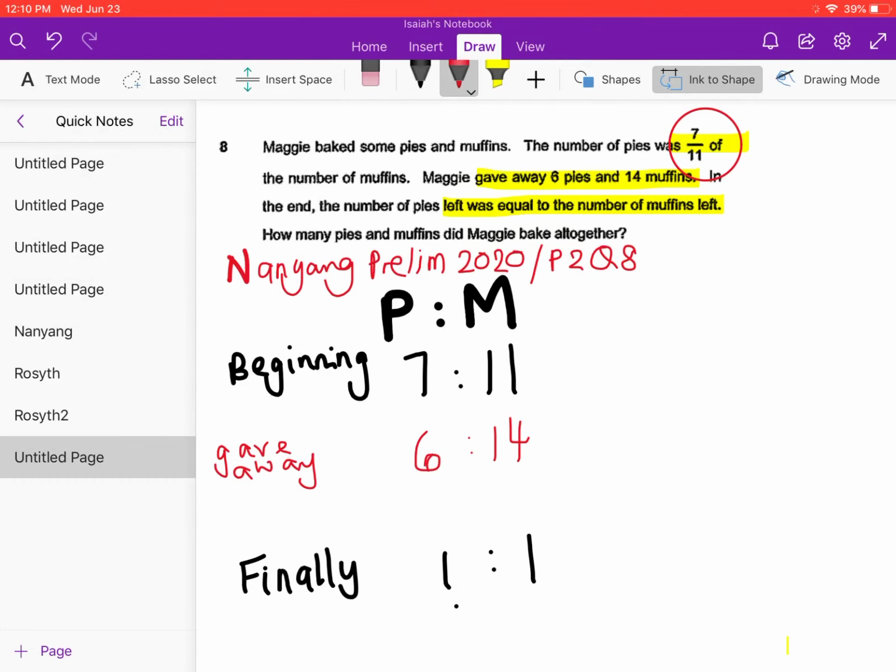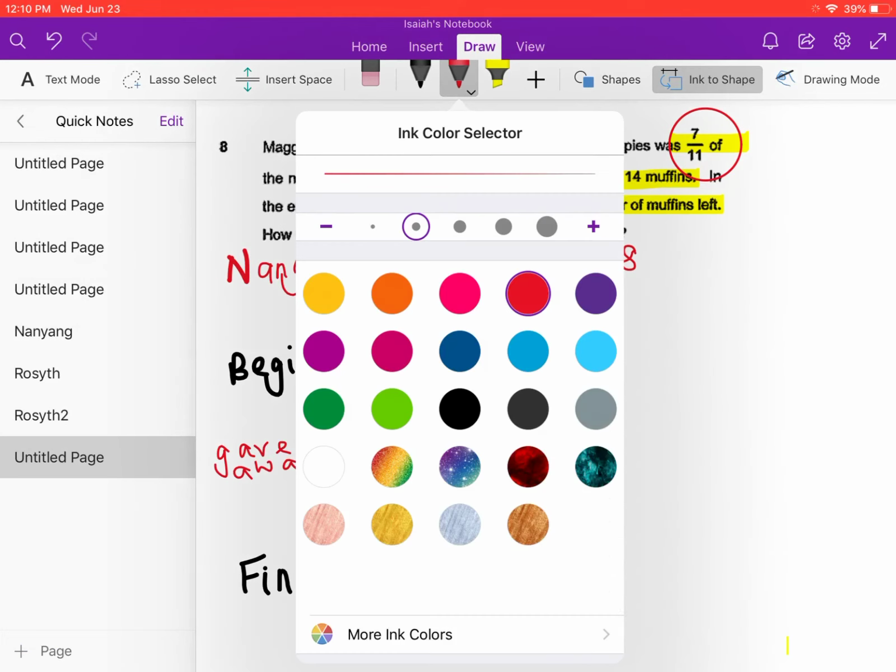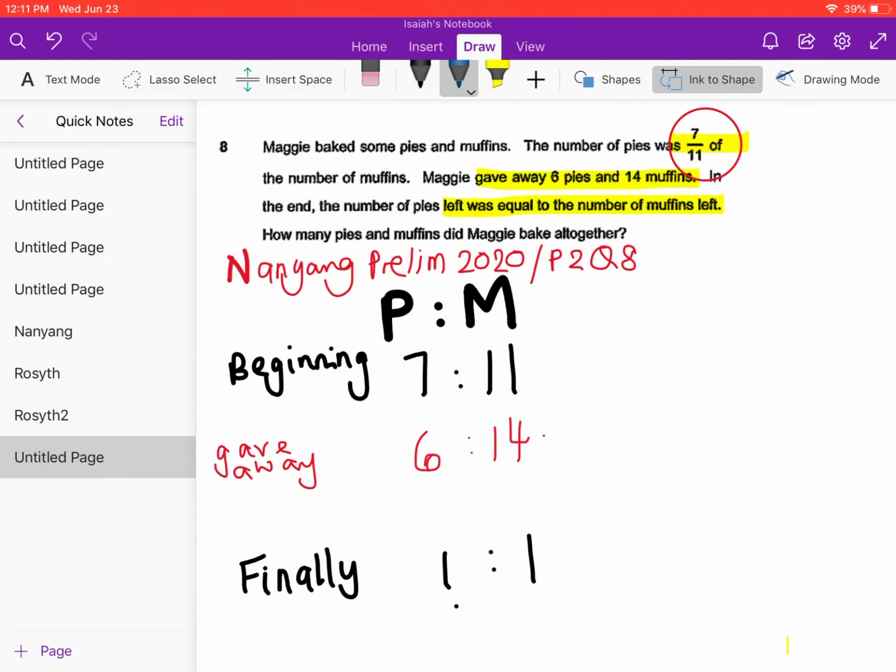So if I were to divide by 2 for each of them, remembering what you do to the pies, you must do it to the muffins. So I divide by 2 for the pies, and that will give me 3. 6 divided by 2, it will be 3. And 14 divided by 2, it will be 7.